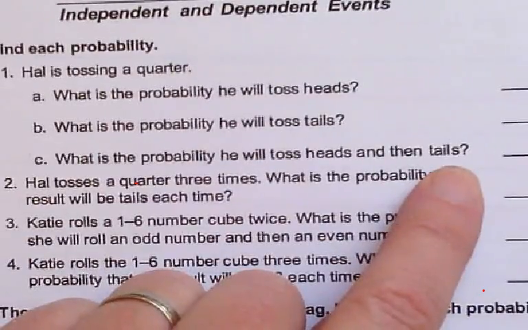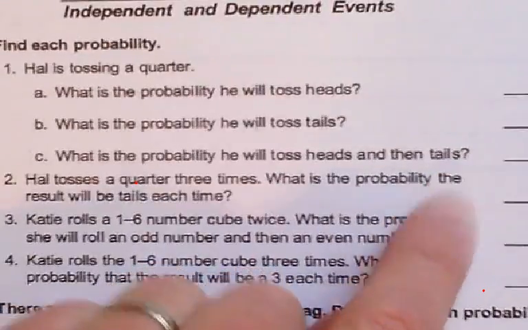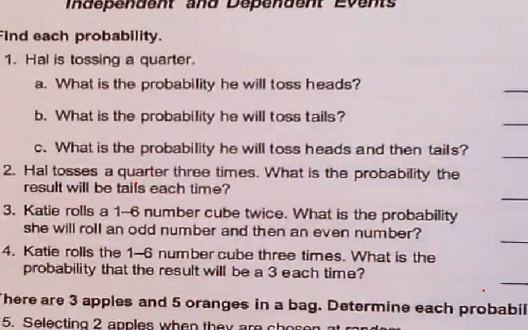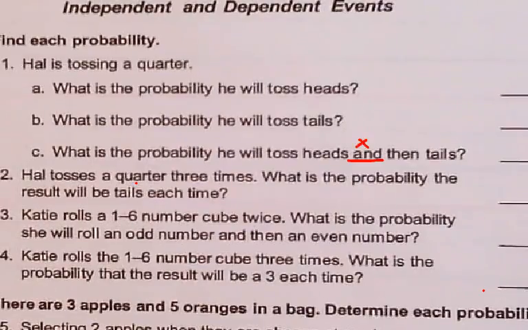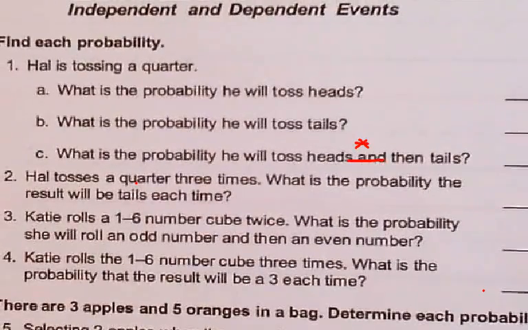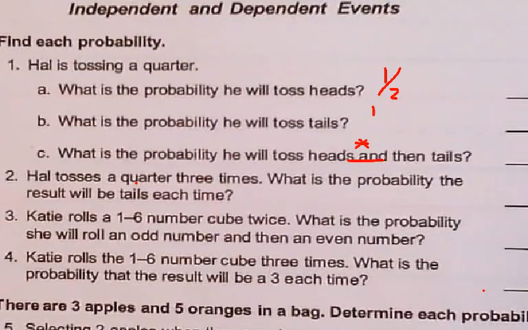1/2 times 1/2, right? So, and means times. When you see the word and, you want to multiply. So this guy right here means multiply, right? And then this was 1/2 of the time, and this is 1/2 of the time. And then it's totally independent because whatever I flip the first time, it doesn't matter.